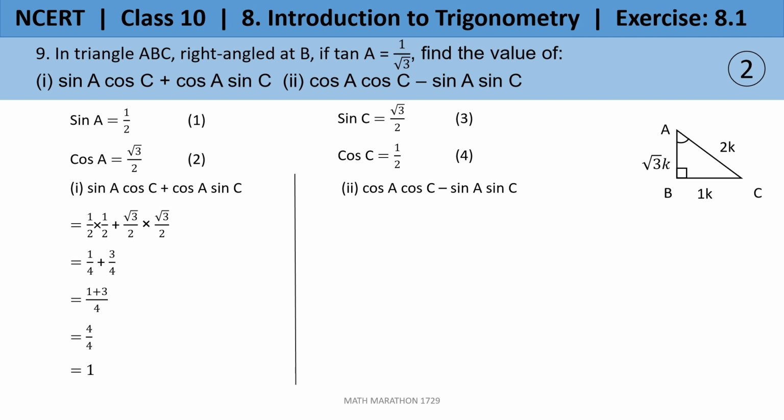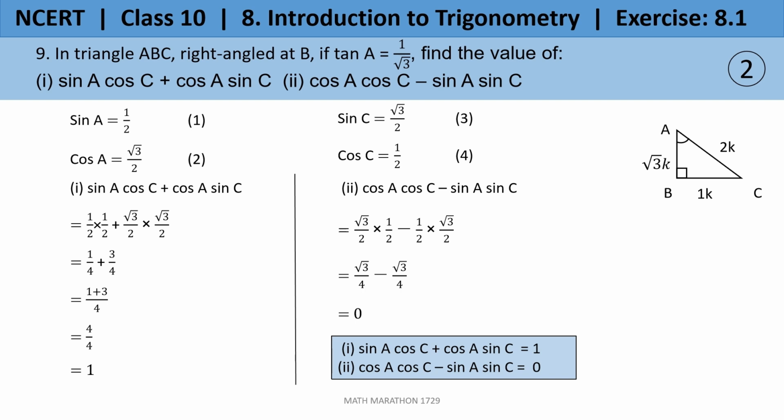Now, let us calculate section 2. Cos A cos C minus sin A sin C is equal to cos A, which is root 3 by 2, multiplied by cos C, which is 1 by 2, minus sin A, which is 1 by 2, multiplied by sin C, which is root 3 by 2, is equal to root 3 by 4 minus root 3 by 4, which is equal to 0.